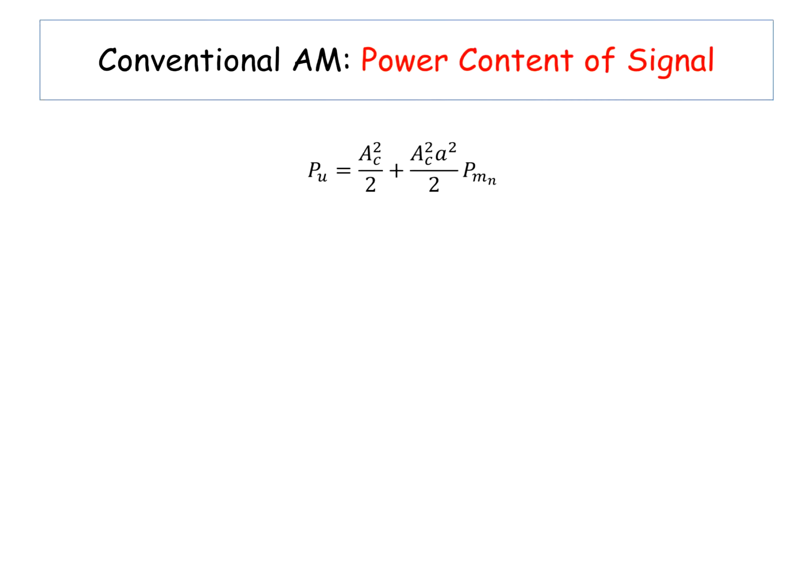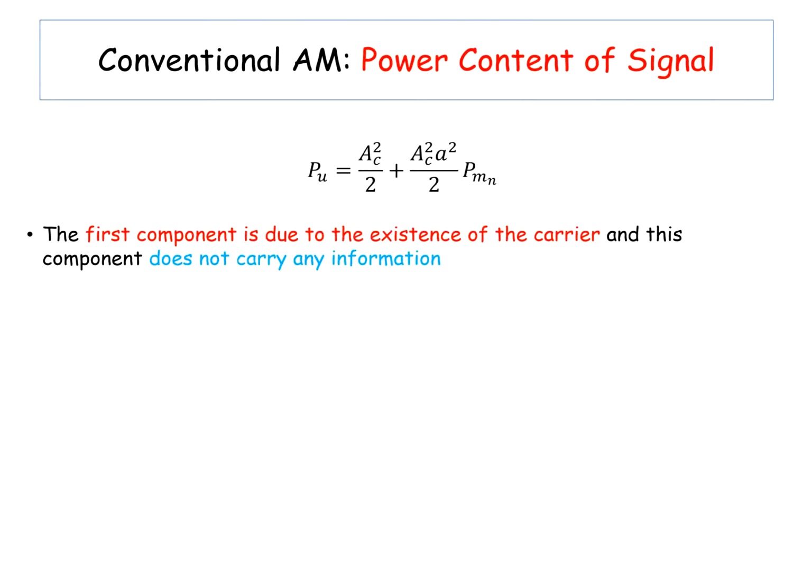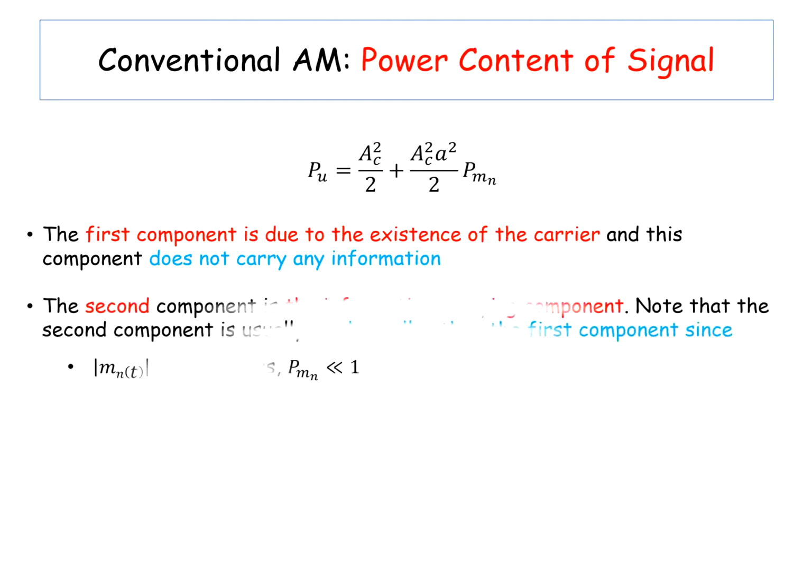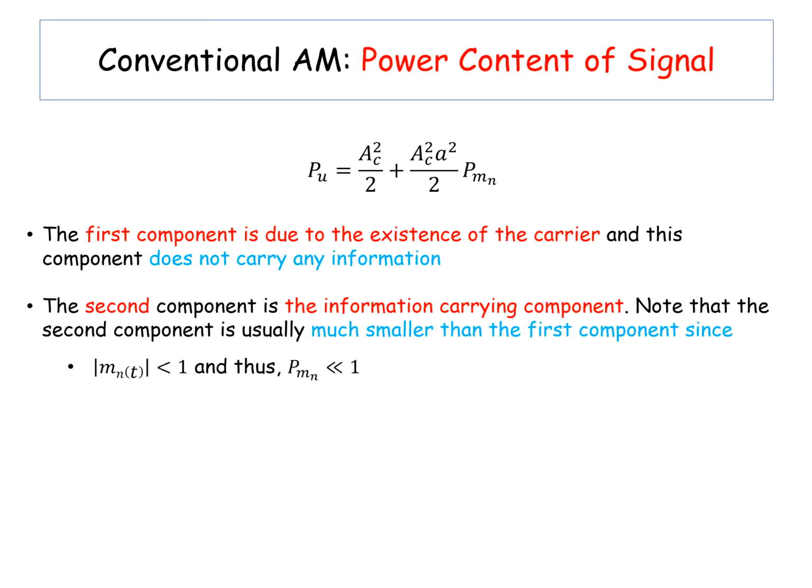Based on the power expression just derived, the following conclusions are provided. The first component is due to the existence of the carrier, and this component does not carry any information. The second component is the information carrying component.